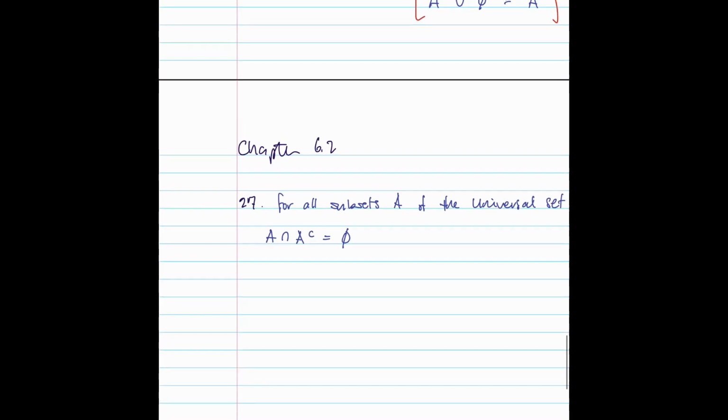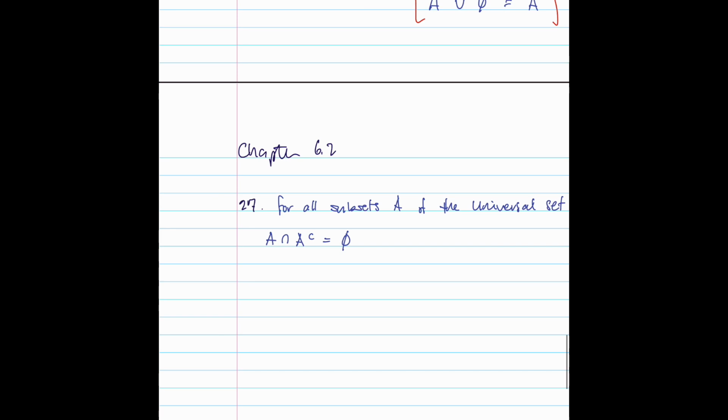Right, so if we just look at the elements here, this would say that x is an element of A. This says that x is not an element of A, which is again contradictory.